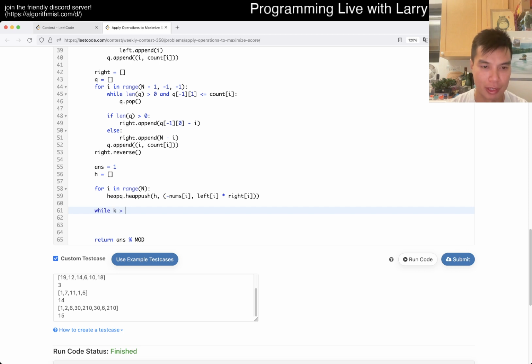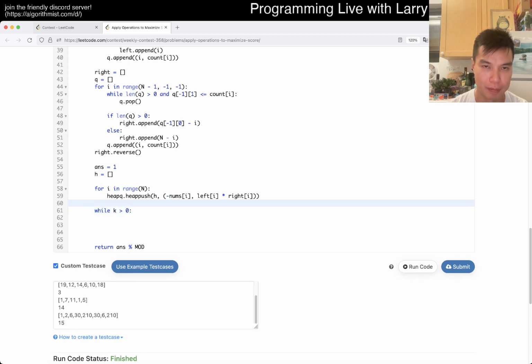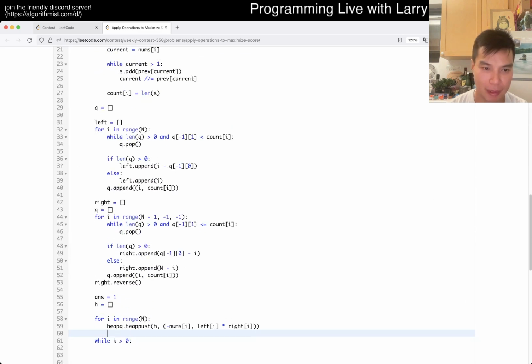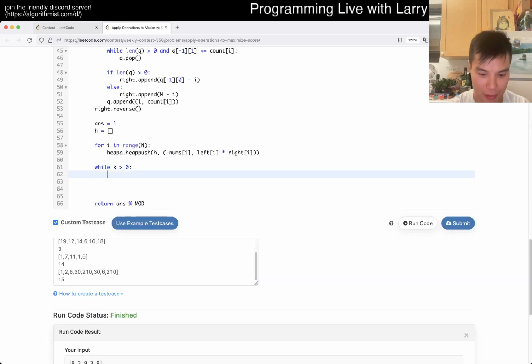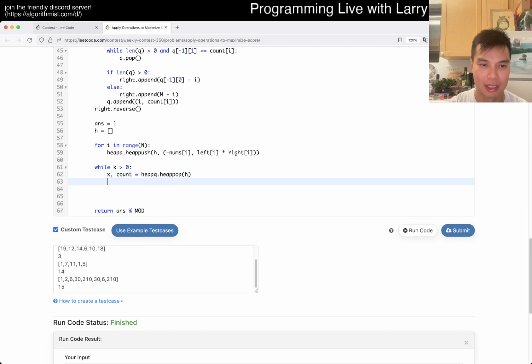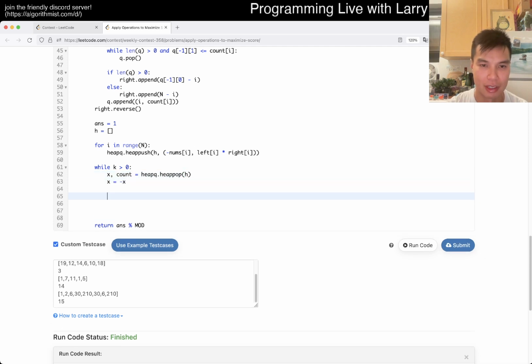While k is greater than 0. Yeah, okay, fine. I'm just gonna modify this. This is where things go wrong, but well, things have been going wrong, so yeah. So x and then count is equal to this. X is equal to negative x. We don't need to use it again anyway, but okay.